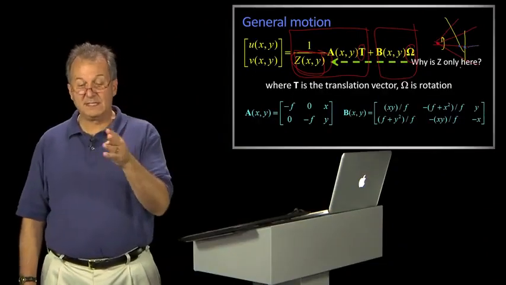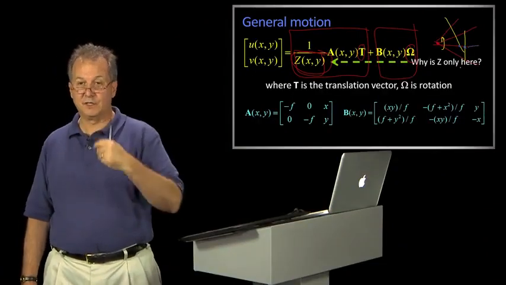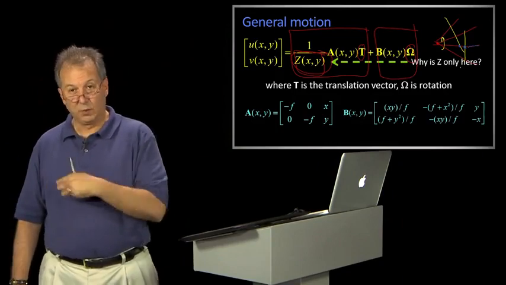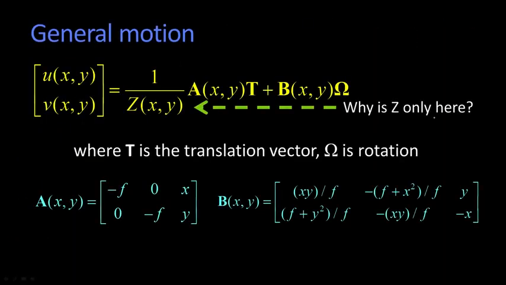Megan, did I move much further across the field than I did when I was in the back? Megan's going, yes. In other words, the amount of motion you get, this is called motion parallax, is a function of the depth. So that really dorky demonstration is why the z value is only in the term that has the translation component. If you don't translate, the depth doesn't matter in terms of how much things move.